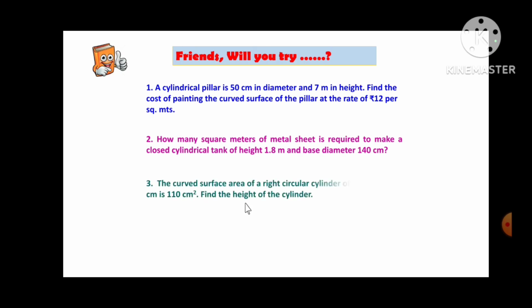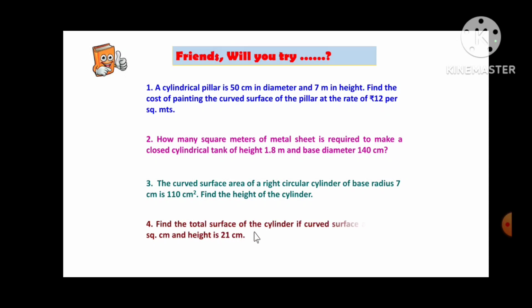Third, the curved surface area of a right circular cylinder of base radius 7 cm is 110 cm square. Find the height of the cylinder. Fourth one, find the total surface area of the cylinder if curved surface area is 176 square centimeter and height is 21 centimeter. These are easy problems, so use the formula, do these and practice the problems.